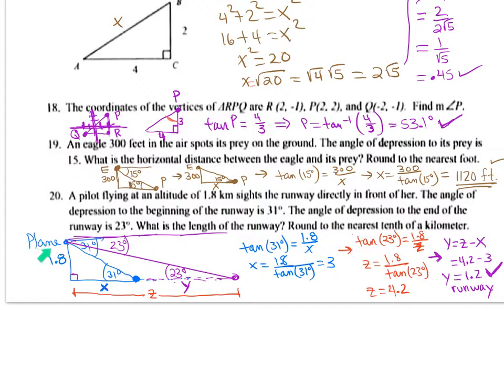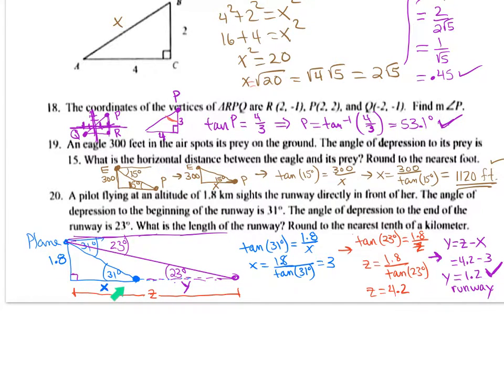Here in this picture, here's the plane that is 1.8 kilometers above the ground. The plane sights the beginning of the runway, which is this point here, and that angle of depression is 31 degrees here outside the triangle, which means it's also 31 in this lower right corner. We're going to call this distance x, which is the distance from the runway to the plane.